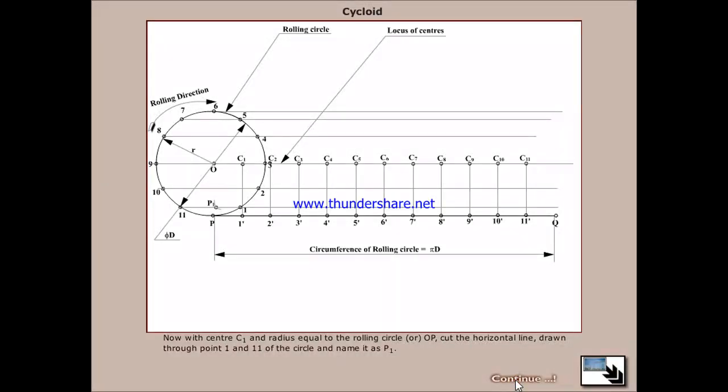Now with center C1 and radius equal to the rolling circle radius OP, cut the horizontal line drawn through points 1 and 11 of the circle and name it as P1. Similarly obtain P2, P3, P4 and so on.